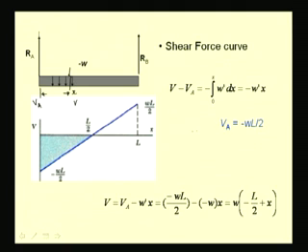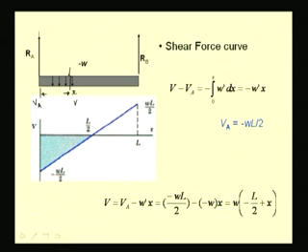So, we have at A shear force minus WL by 2, and it linearly changes to WL by 2 at B. At any point, the value of the shear force is equal to the negative of the area under the load curve.